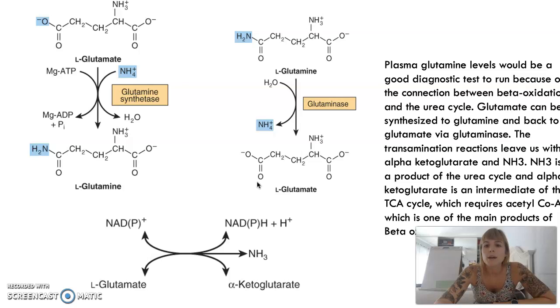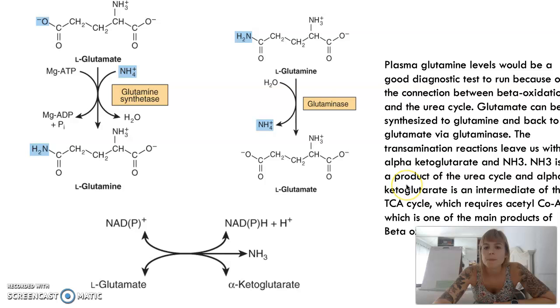So here we have some pathways, and most notably the transamination pathway on the bottom here. So glutamate can be synthesized to glutamine, back to glutamate via glutaminase. And this releases an ammonia, which is linked to the urea cycle and can be expelled as urea in the urine.